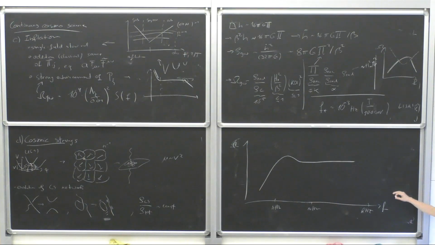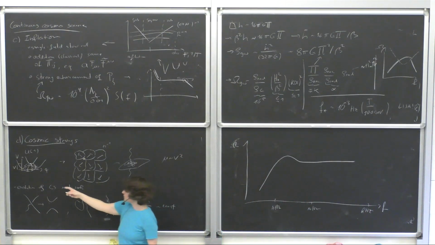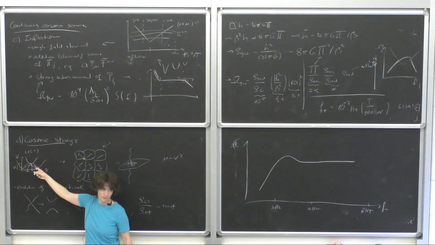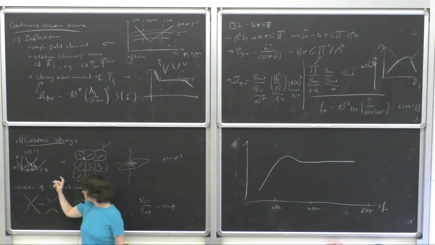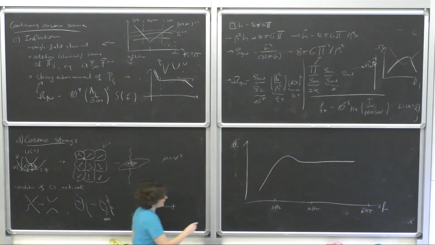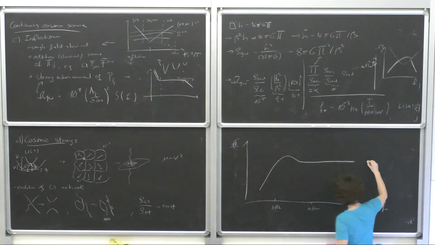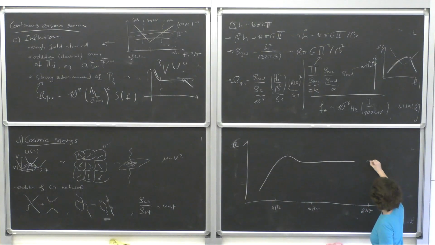Here we have a classical source with potentially a large energy density from this phase transition. And interestingly, this amplitude scales with mu, so it scales with v squared.